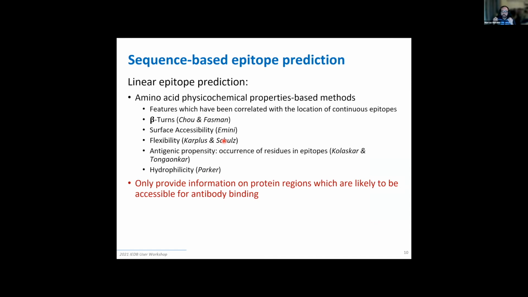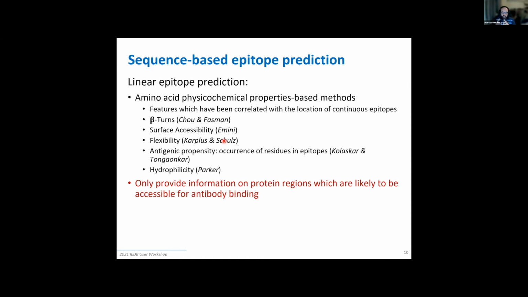Most of them use the physicochemical properties of the amino acids to try to predict where the amino acid is inside the protein. Because as I said before, the antibody needs to reach the amino acid from the protein. If the amino acid is buried, it cannot be reached by the antibody.